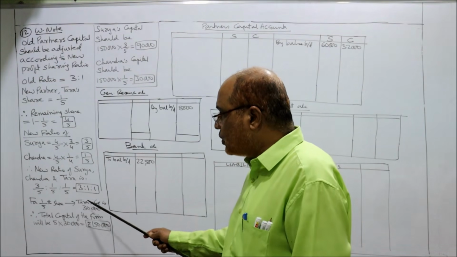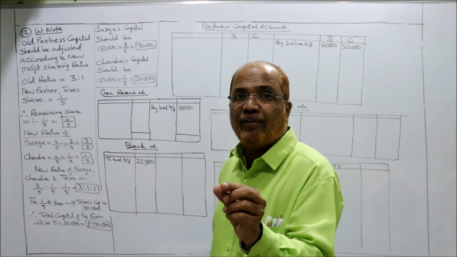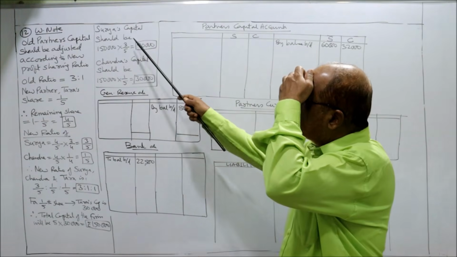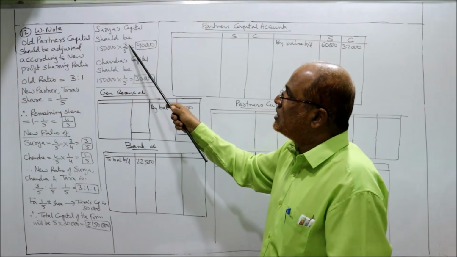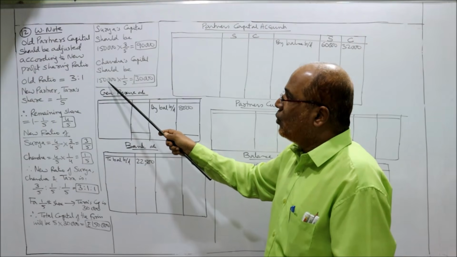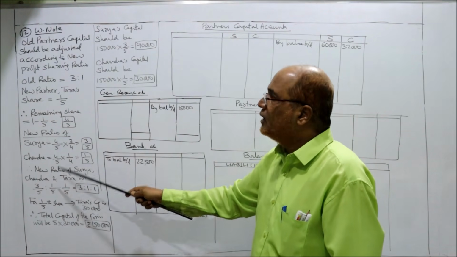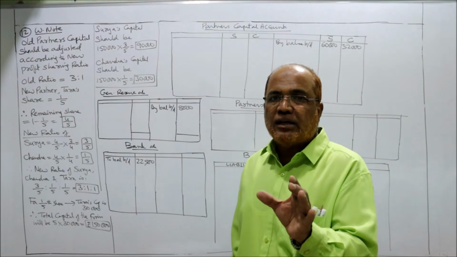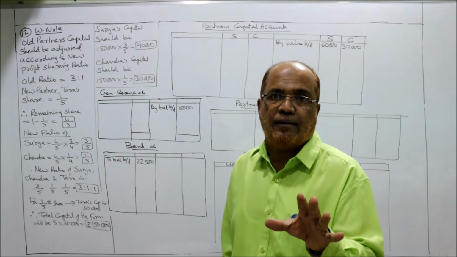What is the share of Surya? 3/5. Surya's share is 3/5, and the capital of the whole firm is 1,50,000, so how much should Surya's capital be? Surya's capital should be 1,50,000 into 3/5, which is 90,000. Chandra's capital should be 1,50,000 into 1/5. Chandra's share is 1/5, so 30,000. So the old partners' capital should be 90,000 and 30,000.